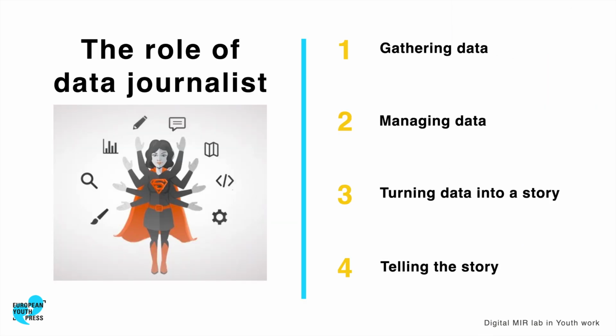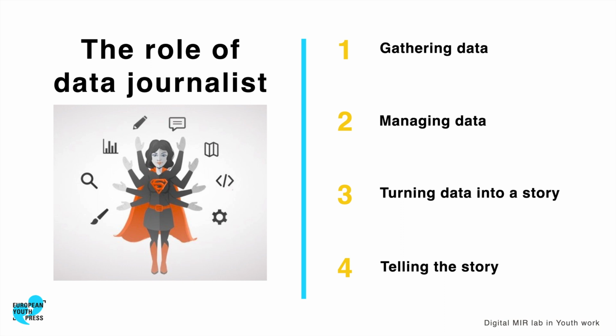Let's now have a look at how data journalists implement their main task: present the story made out of data. First of all, they gather data. There is a popular belief that data journalists gather only collections of numbers, most likely gathered on a spreadsheet. It was true 20 years ago.